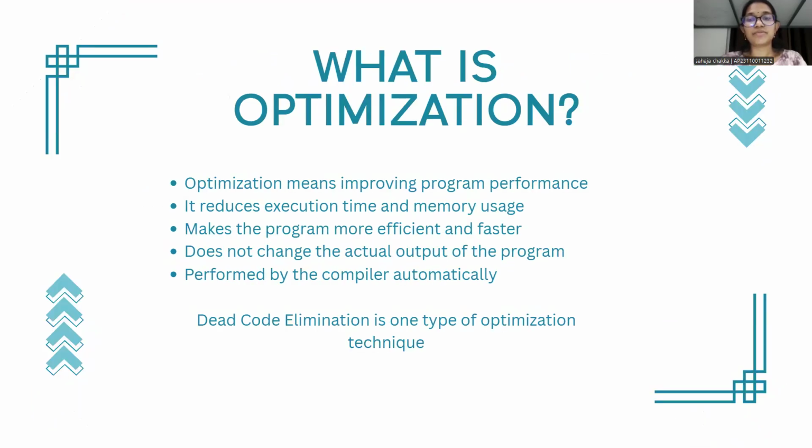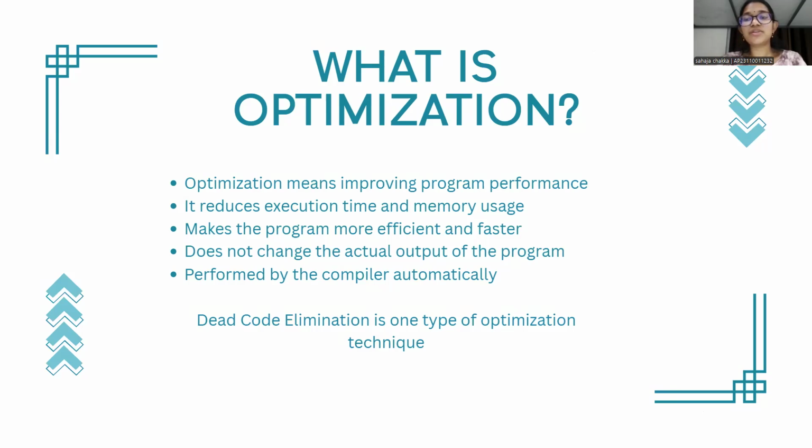What is optimization? Optimization means improving the performance of a program without changing its output. It focuses on making programs faster, reducing memory usage, and improving efficiency. For example, if we take two programs giving the same output, but one runs faster, then that program is considered optimized.